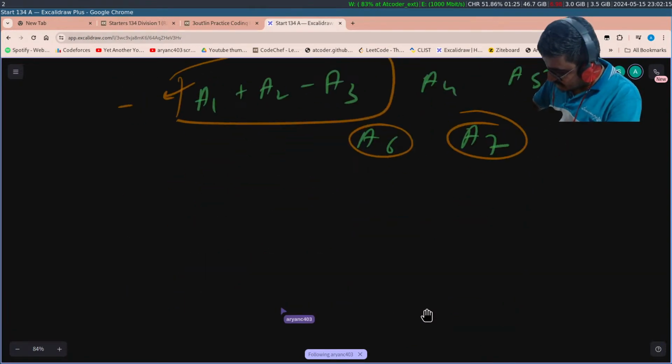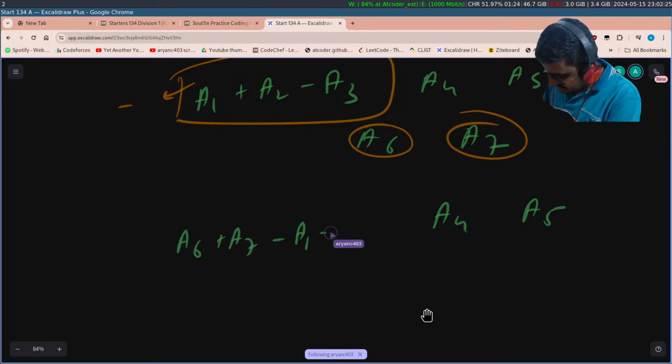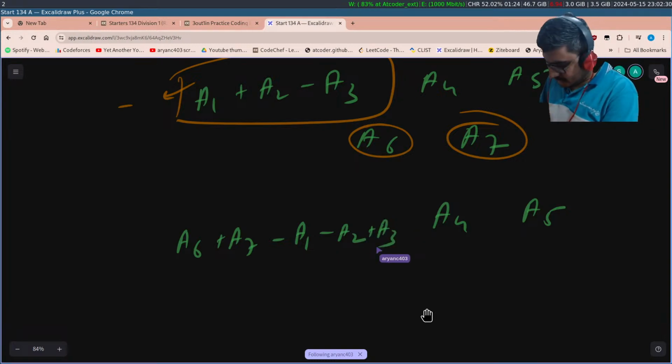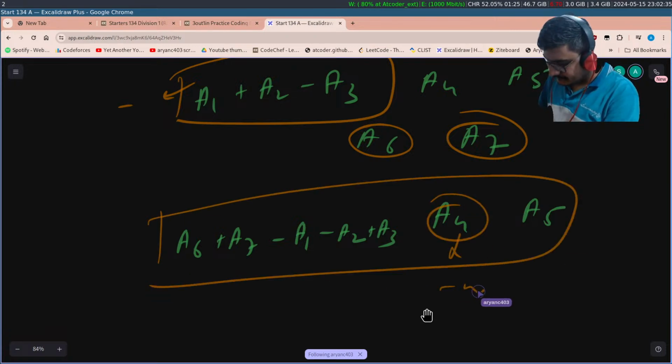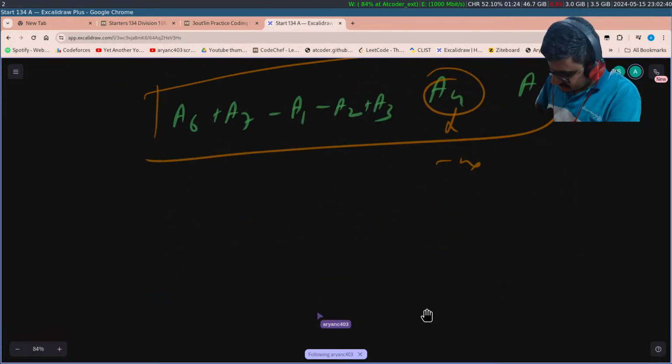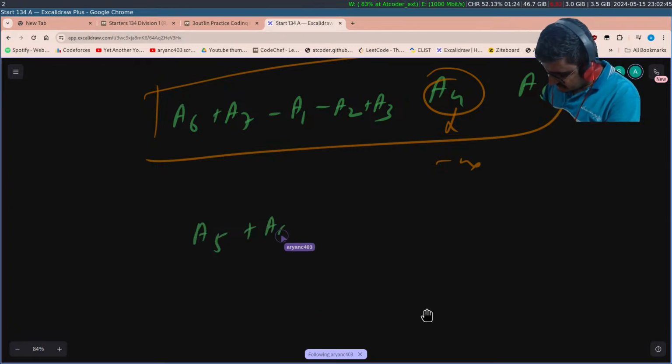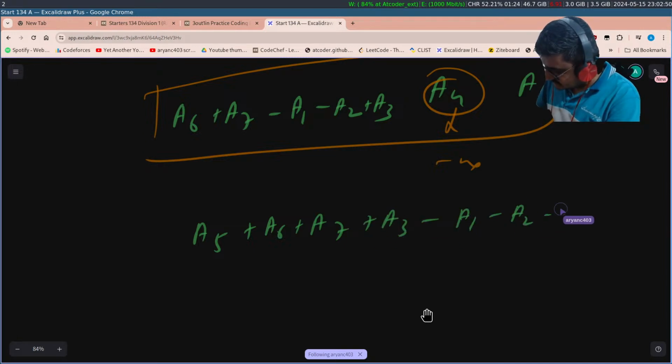So the remaining numbers you will have are a4, a5, a6 plus a7 minus a1 minus a2 plus a3. Now if you choose these as an operation, and take this as a negative sign, overall the numbers you would get are a5 plus a6 plus a7 plus a3 minus a1 minus a2 minus a4.